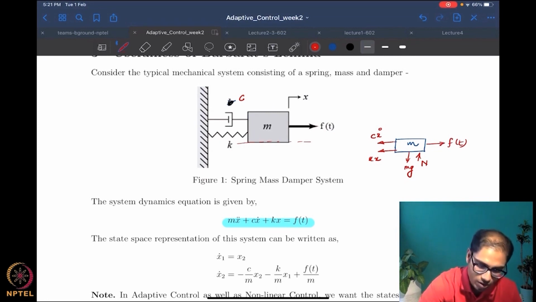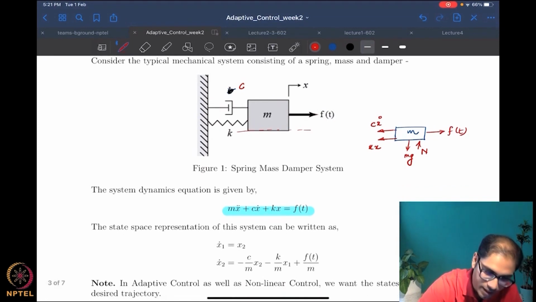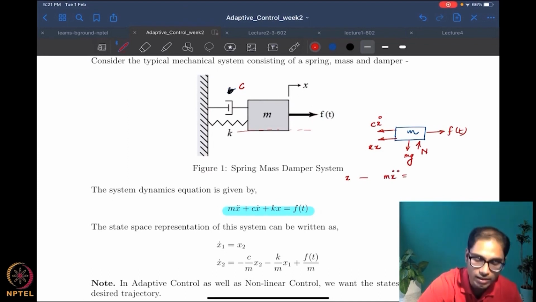And then what does Newton's law state? If I write it only in the horizontal direction, the x direction, Newton's law will be m x double dot is equal to all the external forces.